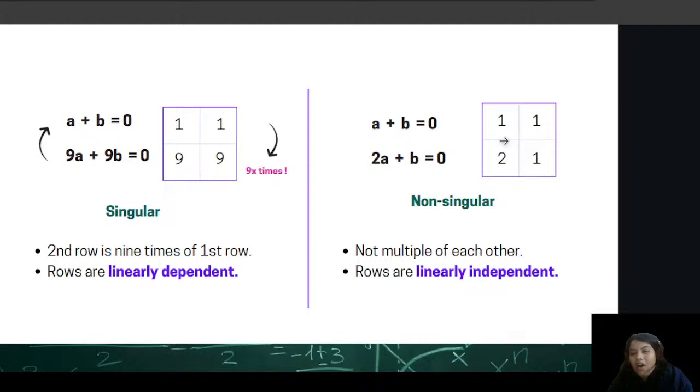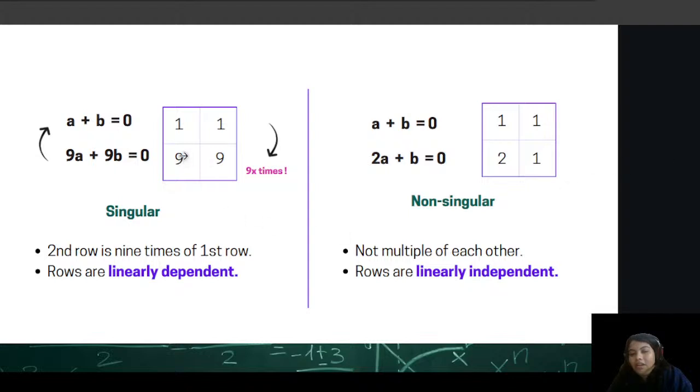But in the case of the second system, despite there being a repetition, the rows are not dependent, because there is no way we can manipulate the first row or the second row to make one dependent on the other. We cannot multiply by this or that. Simply, we cannot create a relationship between them, because there is a two which makes them slightly different and independent.